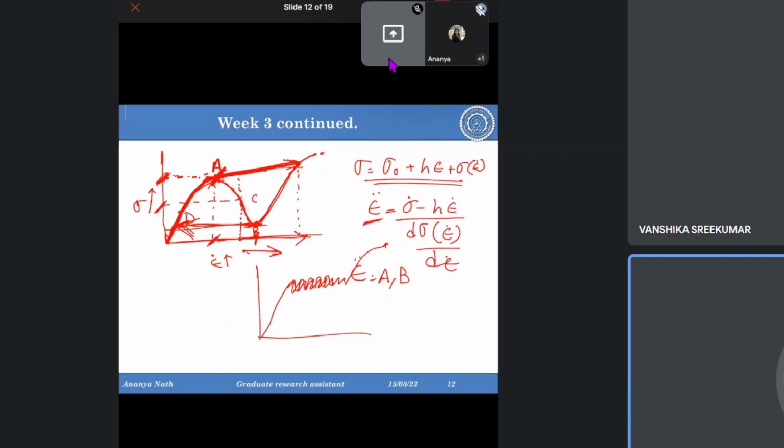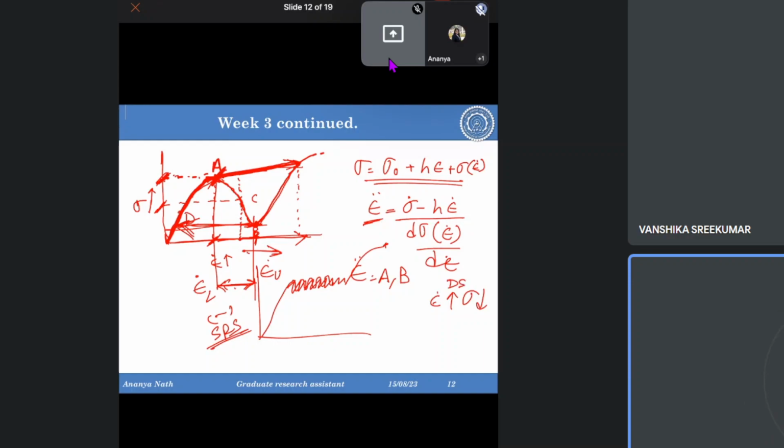So these points are the lower strain rate and upper strain rate, and if you are working in this range, this serration or serrated flow will appear. In this region only we get this negative strain rate sensitivity, which is nothing but when we increase the strain rate, the stress decreases.